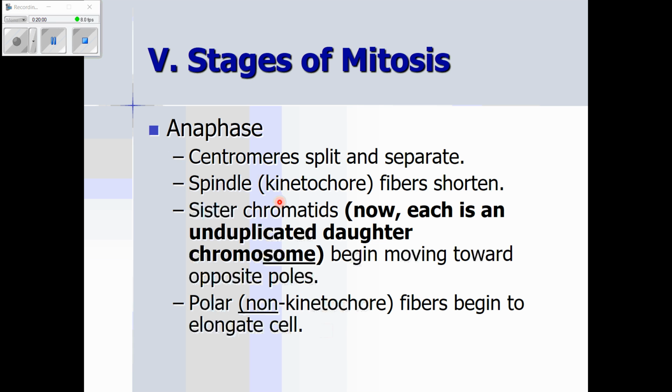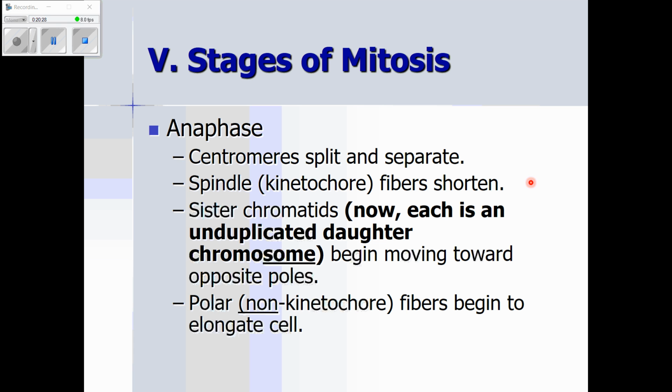So this is anaphase. The centromere, the middle part of every chromosome, splits in half. The spindle fibers shorten, and that's actually a very complicated process that involves motor proteins and different enzymes, and scientists are still trying to figure out how this mechanism works that allows the spindle fibers to get shorter and shorter.